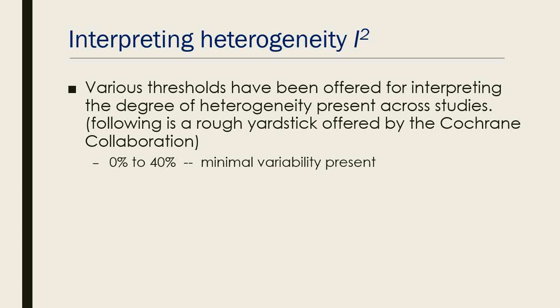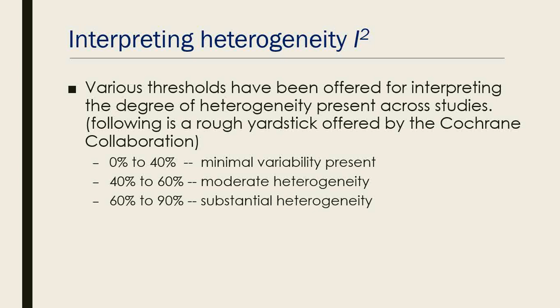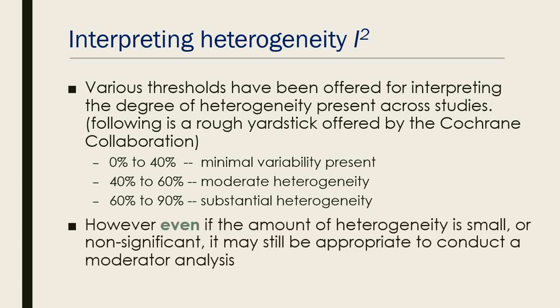You'll see a fair degree of heterogeneity. 40 to 60% indicates moderate heterogeneity, and you'd certainly be wanting to have a look at that and see whether you could explain some of it. 60 to 90% indicates substantial heterogeneity. And as I said before, if you have a high amount, it strongly points to the likelihood of moderators.